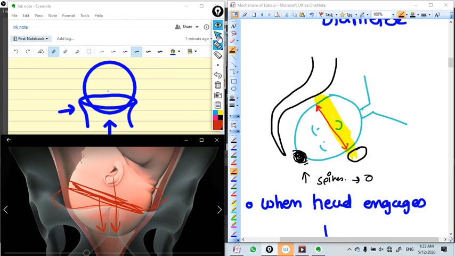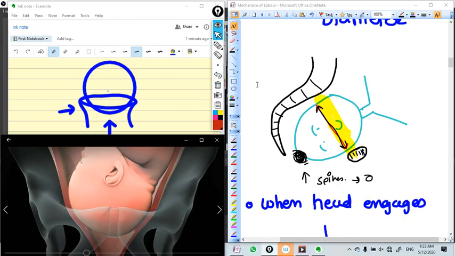See, this is the spine. We are seeing the lateral side. This is the pubic symphysis. This imaginary yellow line is called the inlet. The transverse diameter, the biparietal diameter of the fetal head, crosses the inlet, and that makes the engagement. Okay, I am very sure now that you will understand this.